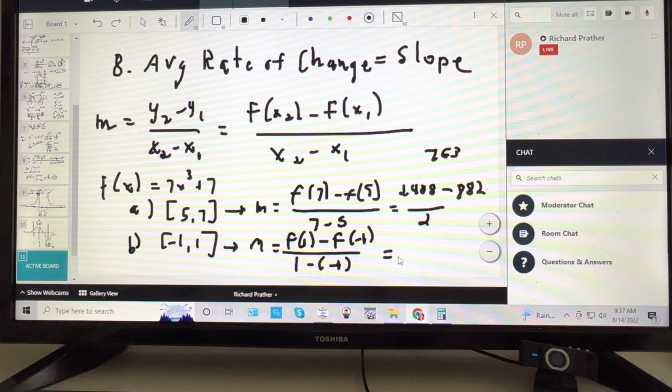So the denominator is still 2 by coincidence. Doesn't have to always be 2, but f of 1 is easy. You put a 1 right here. That equals 1 times 7 is 7, so 7 plus 7 is 14. But when I plug in -1, -1 cubed is -1 times 7 is -7 plus 7 is 0. So that's 14 divided by 2 or 7.